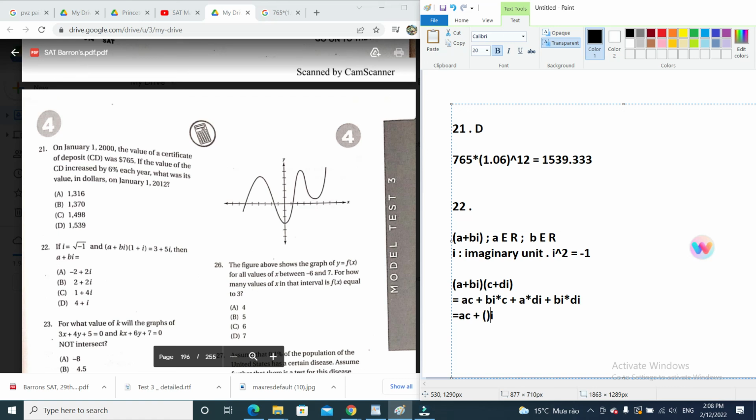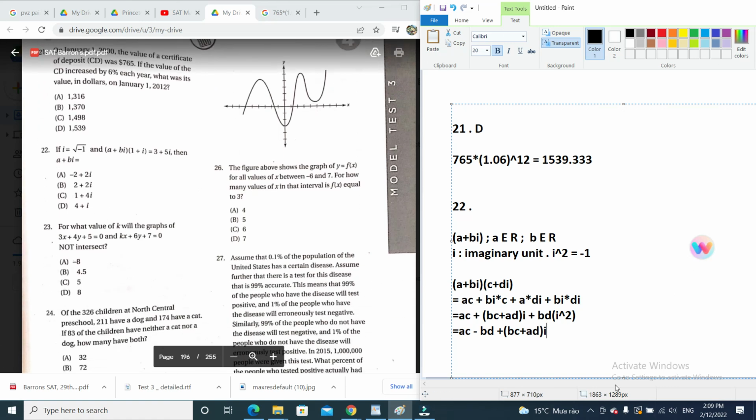We're gonna factor it out, and we're gonna have bc plus ad in the bracket, and we're gonna have here bd times i squared, right? But we know that i squared is -1, right? So we can get rid of i squared and turn this plus sign into a minus sign, right? Because i squared is -1. So this gonna actually be equal to ac minus bd, because i squared is -1, and plus bc plus ad times i. So that's how you multiply complex numbers.